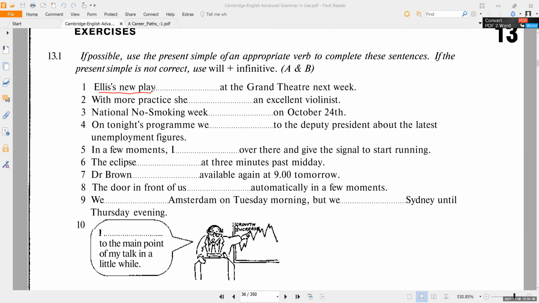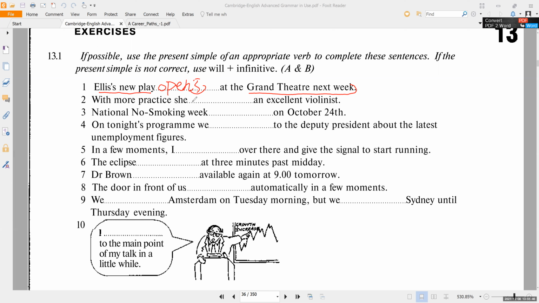Play طبعا هنا معناها مسرحية. معناها في مسرح وفي موعد. و at the Grand Theatre next week. إذا هناك على المسرح الكبير. فإذا حنستخدم الفعل اللي هو حنقول opens. ستفتتح. أو ممكن نقول starts at the Grand Theatre next week. إذا هنا opens يفتتح. ليش opens؟ لأنها عبارة عن مسرحية، والمسرحية فيها مواعيد عرض وبداية ونهاية.